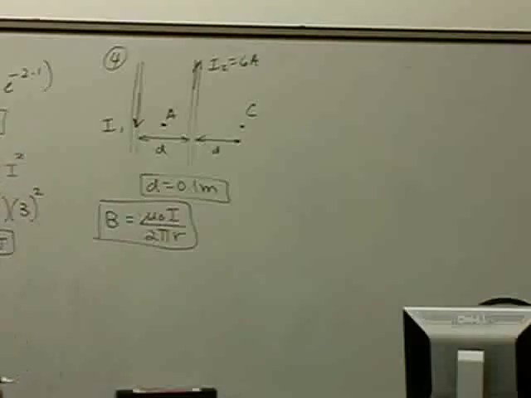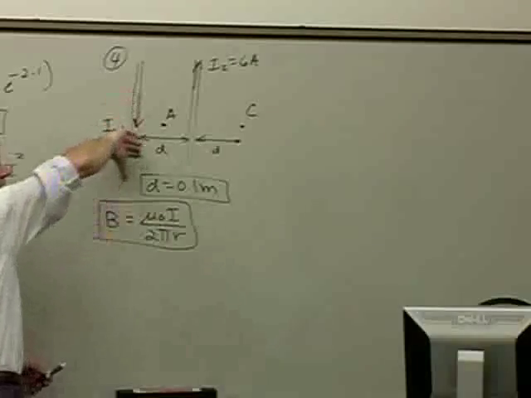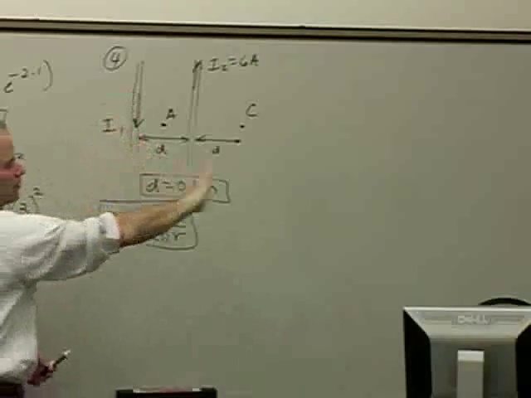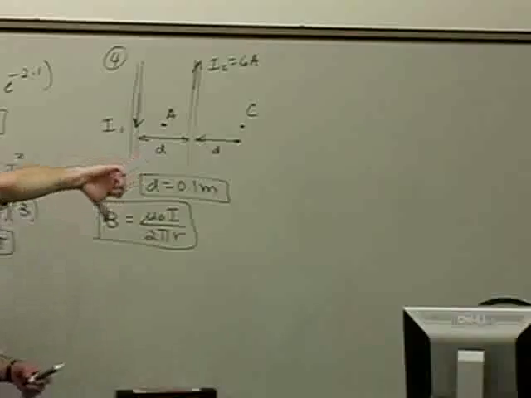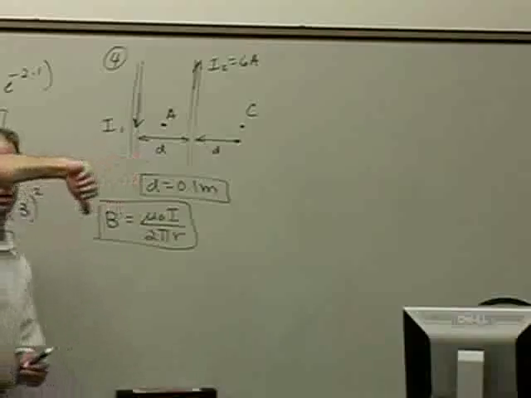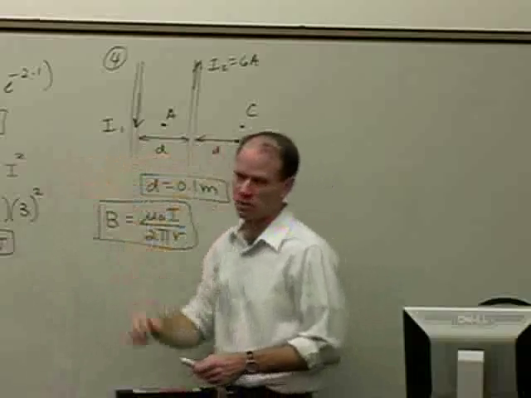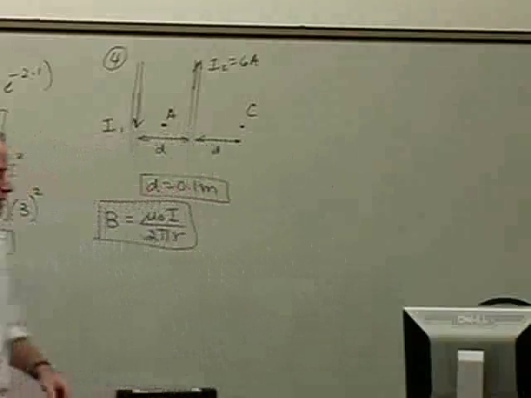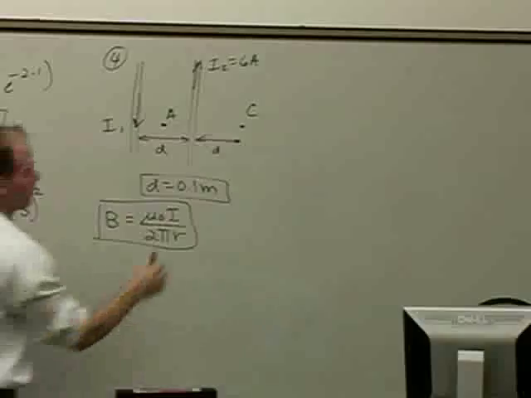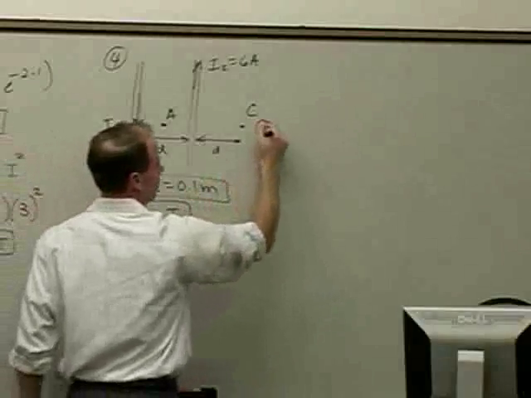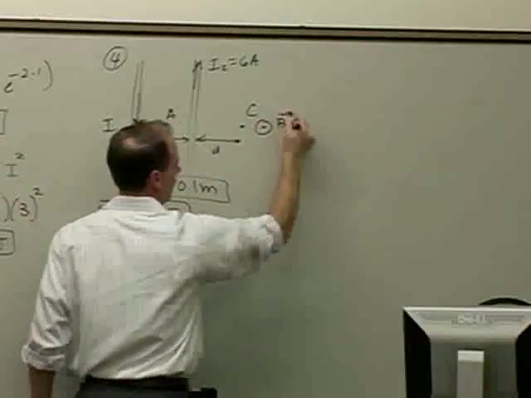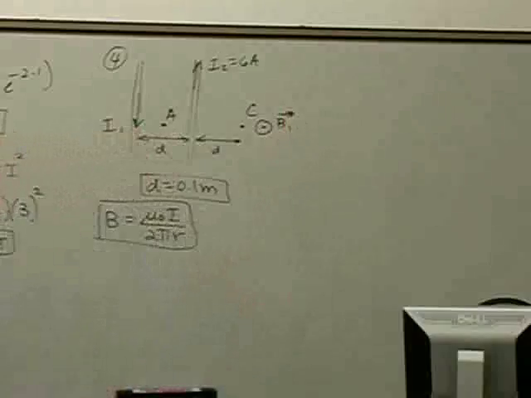If I look at wire number 1, using the right-hand rule, pointing in the direction of that current, everything to the right of this wire is going to be out of the page towards you, and everything to the left of this wire will be into the page away from you. So in the vicinity of C, there's going to be a magnetic field, called B1, that will be out of the page towards you.